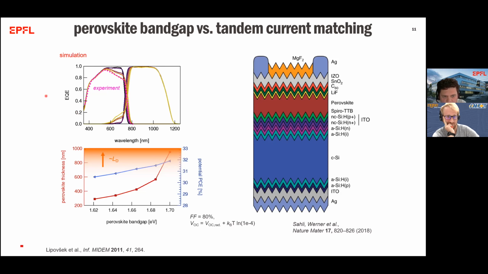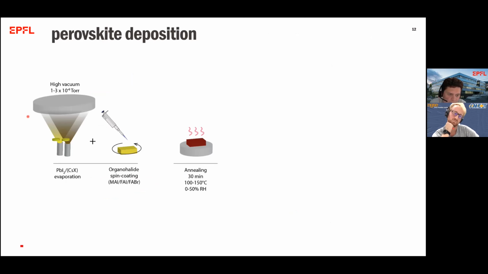The way we make the perovskites onto these textures is we co-evaporate what we call a lead halide template. There we evaporate cesium bromide typically and lead iodide. And then we spin coat an organohalide solution made out of methylammonium iodide, formamidinium iodide, or formamidinium bromide, and a few more. And then we anneal, typically outside of the glove box, so under humid conditions.